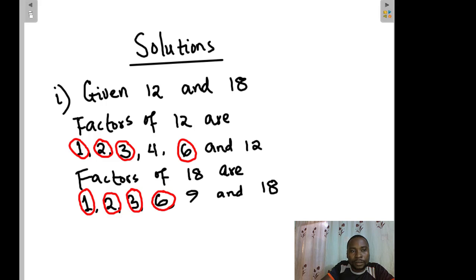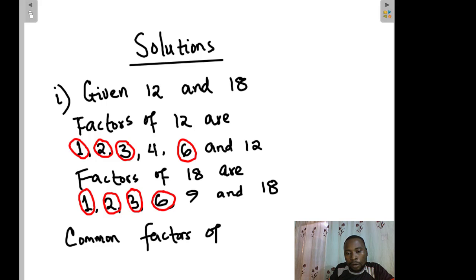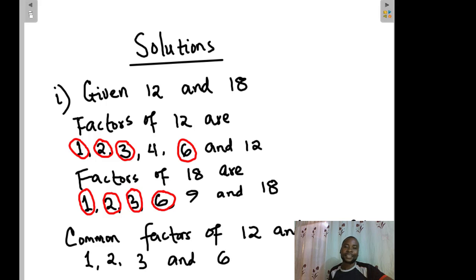So this means that common factors of 12 and 18 are 1, 2, 3, and 6. Very beautiful. Awesome. All right.